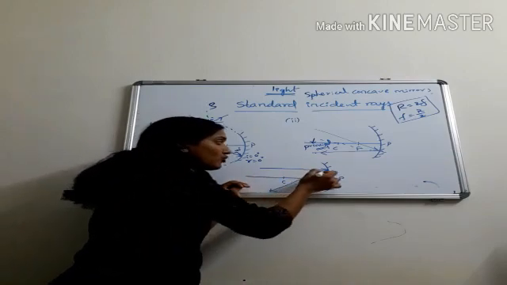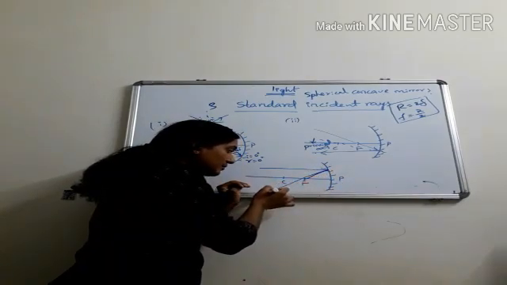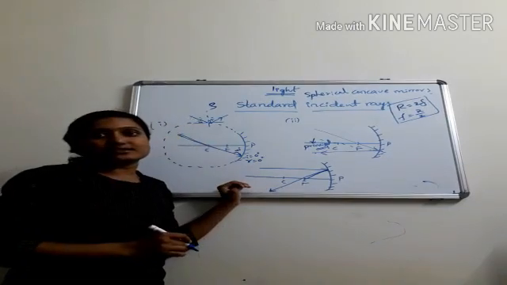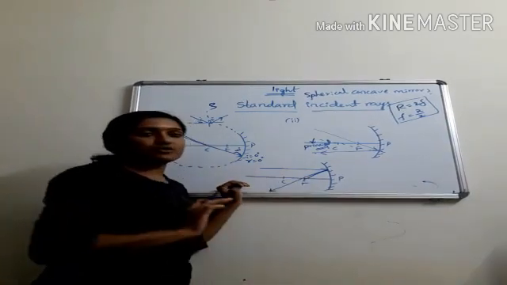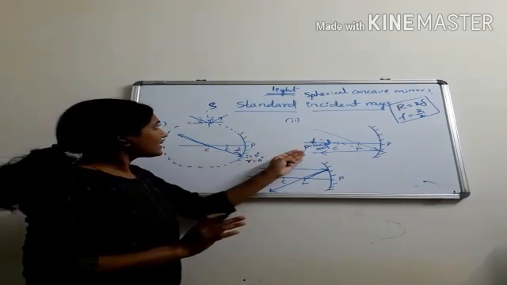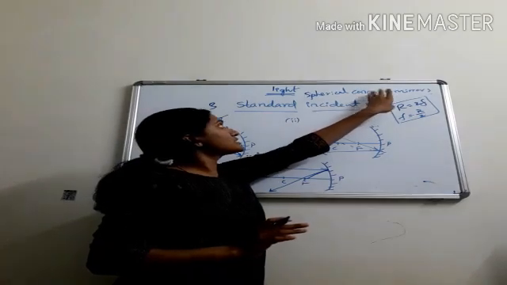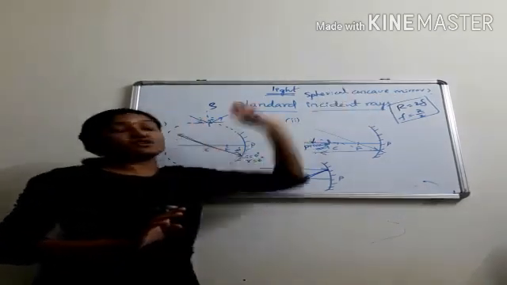Then it will come out through the focus. So here we are getting the focus. Understand? So these are the three important standard incident rays in case of spherical concave mirrors.